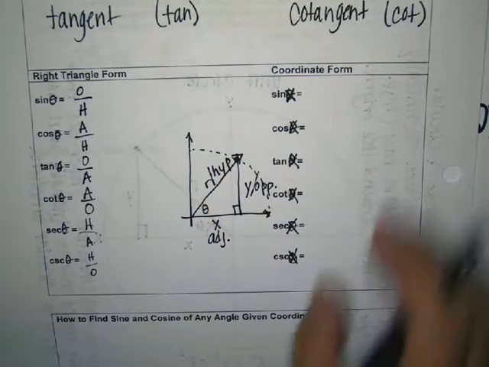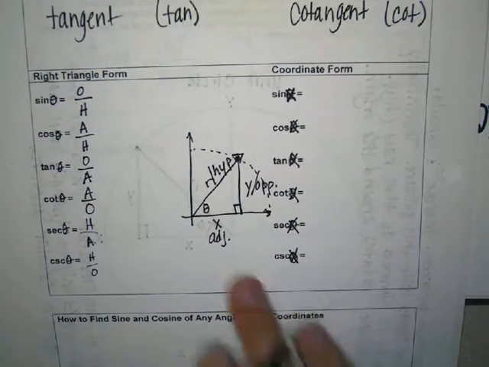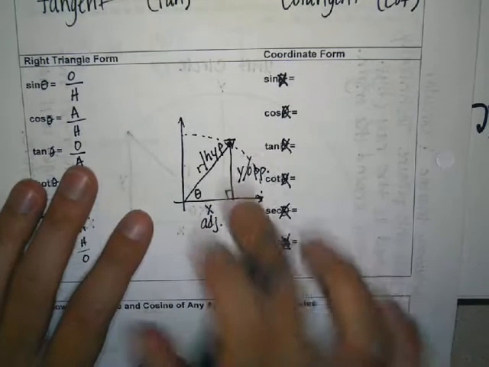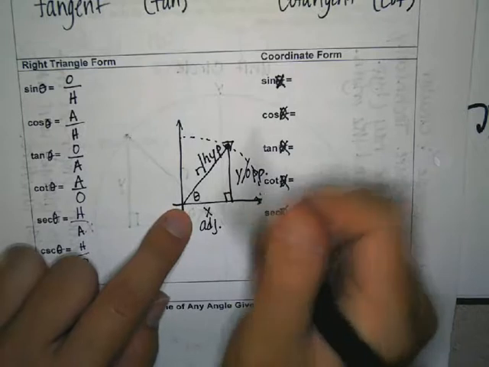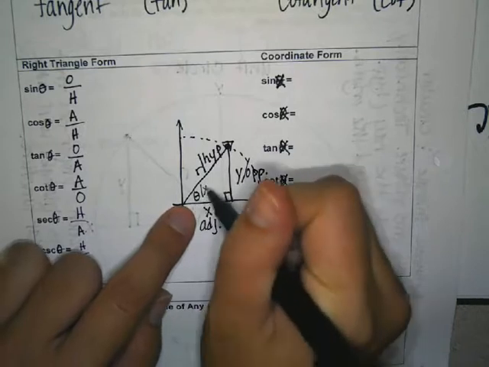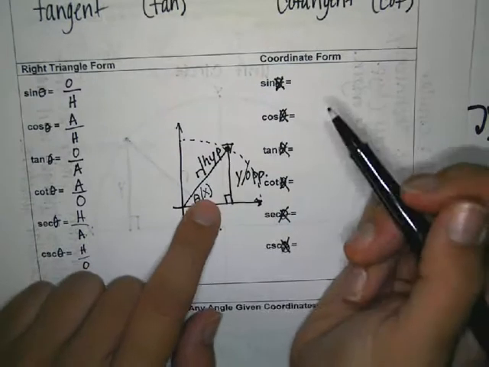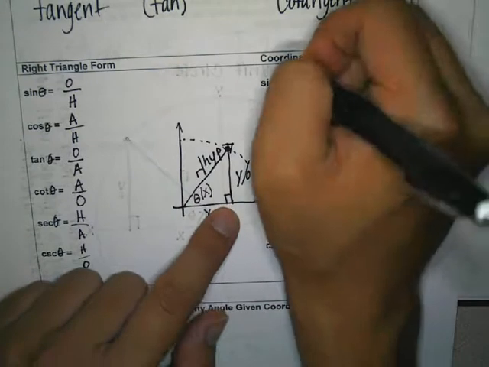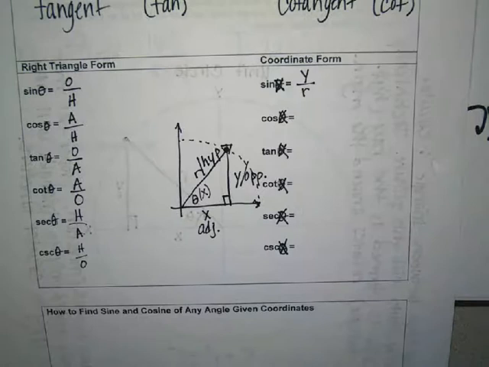Then when you're talking about sine of x, cosine of x, tangent of x, these are called coordinate form because you're no longer just looking at the shape. You're looking at it in terms of x and y and r. Same type of deal. Sine of x, if that's my theta, or my angle, is going to be opposite over hypotenuse.